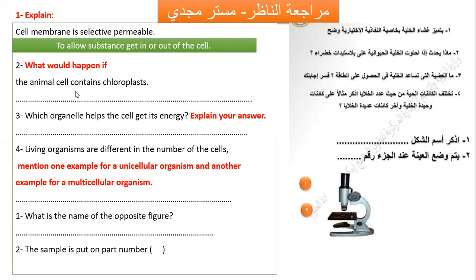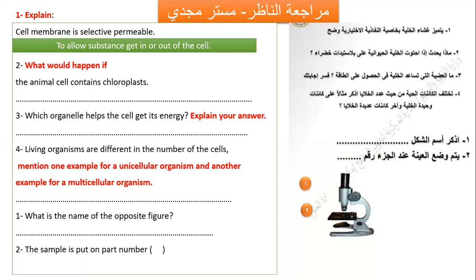Question number 2: What would happen if the animal cell contains chloroplast? Just look at the plant cell. The plant cell contains chloroplasts, so they perform the photosynthesis process.